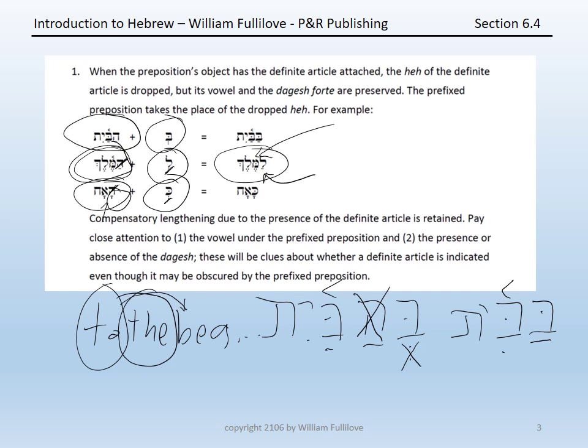This is because aleph cannot double, and we therefore have had compensatory lengthening. Such compensatory lengthening remains, and you have ka'ach, with the vowel under the kaf being a kametz, and tipping us off that this word is considered to have a definite article, even though that article is hidden underneath the preposition.